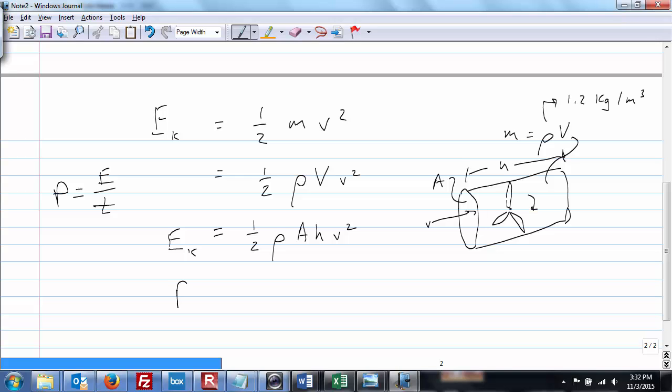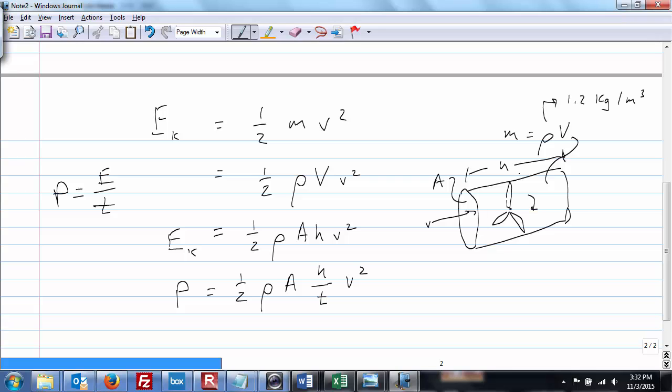Now I've got power equals 1/2 rho A H v squared. I kind of snuck in my 1/T on this side. I put in a 1/T and I came up with power. I'm going to sneak the T in right there, under the H.